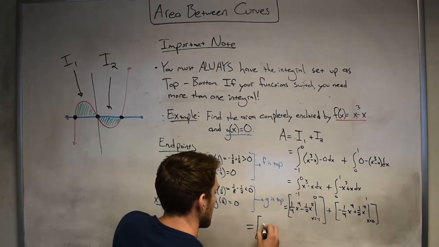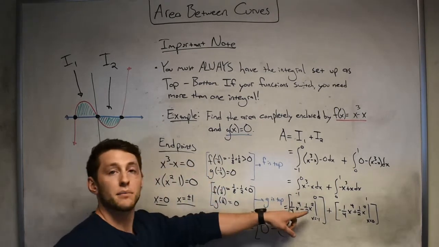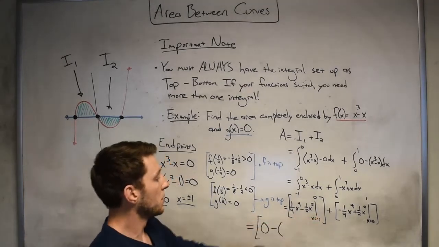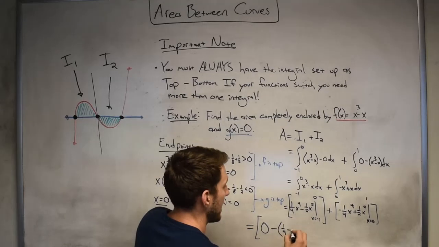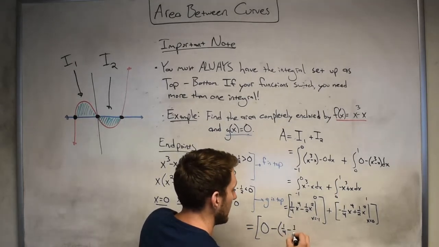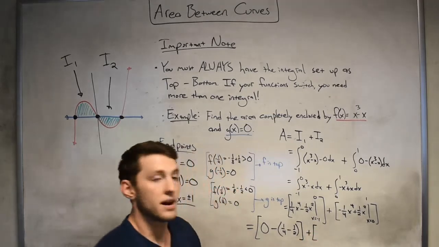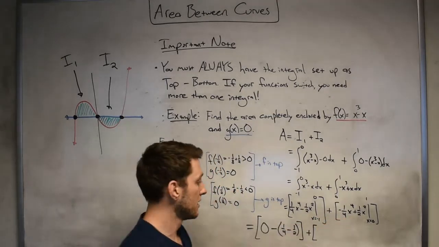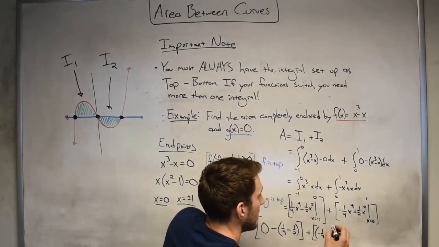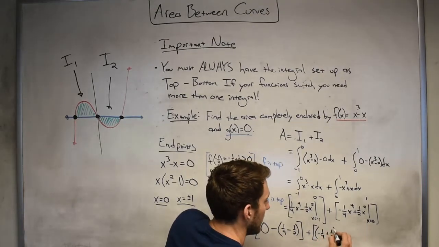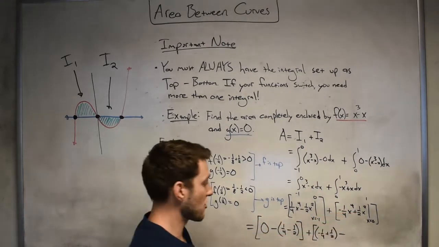So we get 0 minus, and then now plug in the bottom number, -1. We'll get 1/4, and then minus 1/2, plus our top number plugged in over here. So plugging in 1 will give me -1/4 plus 1/2, minus our bottom number plugged in over here, which is just 0 again.